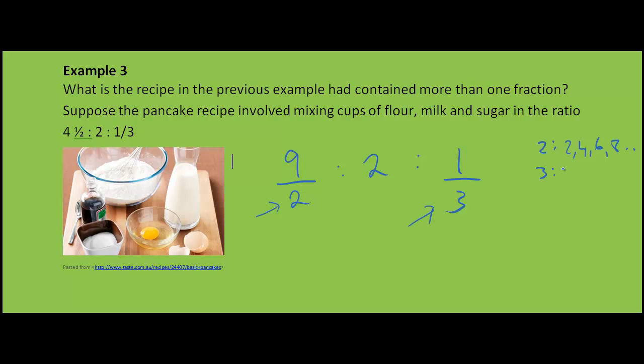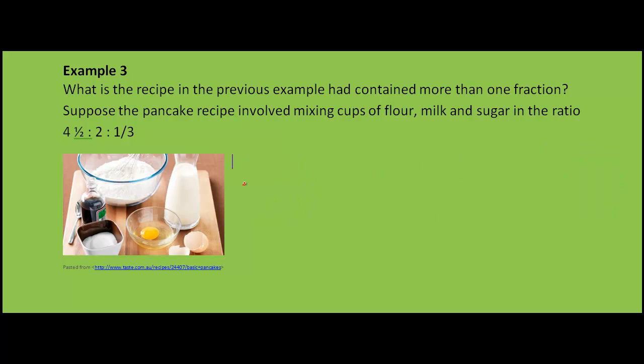Multiples of 3 are 3, 6, 9, 12, and so on. We can see that there is a common multiple, in fact the lowest common multiple, the LCM, of 6. By multiplying all the numbers in the ratio by 6, we can get a ratio that only has whole numbers in it. Let's do that now.